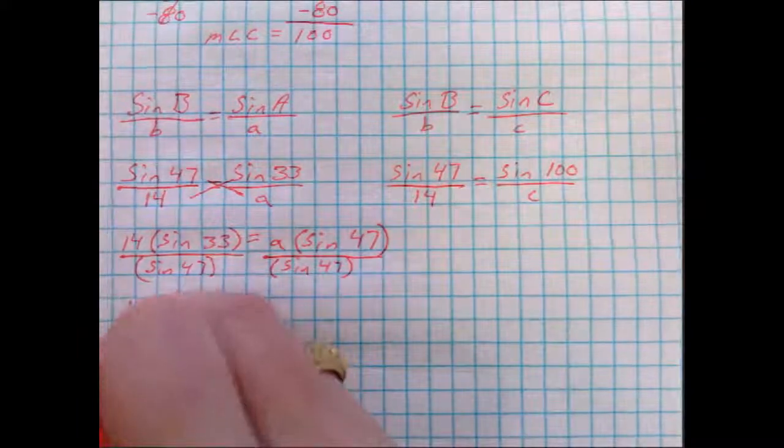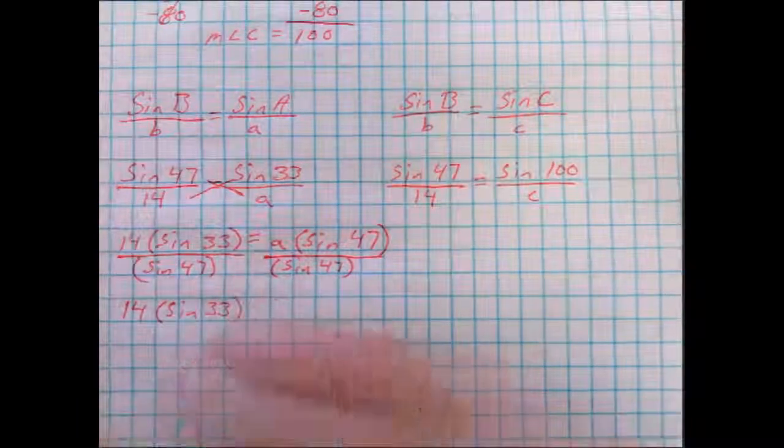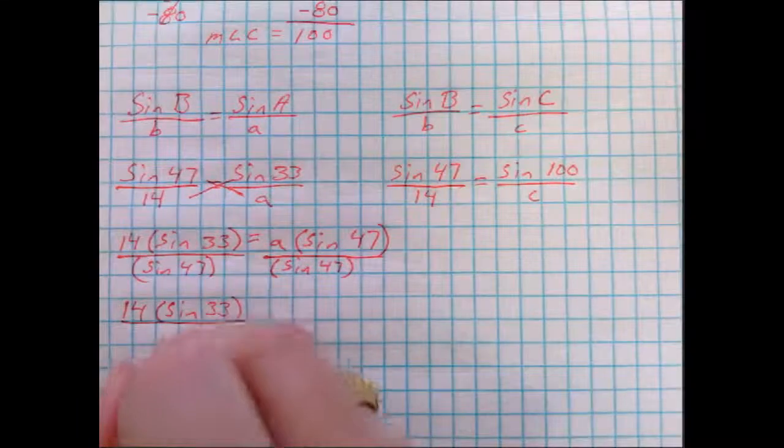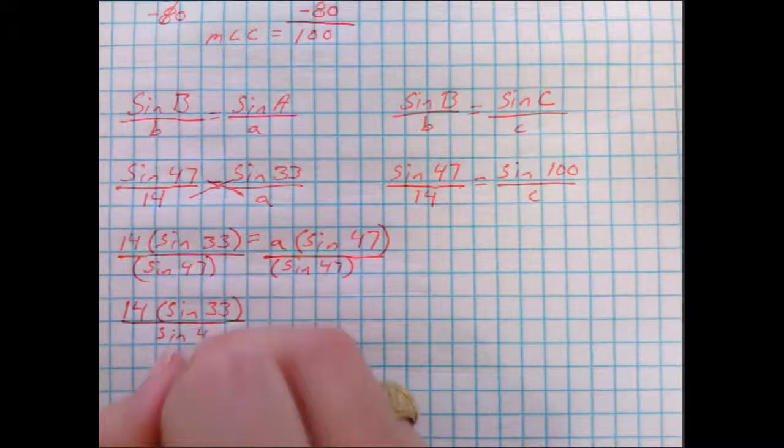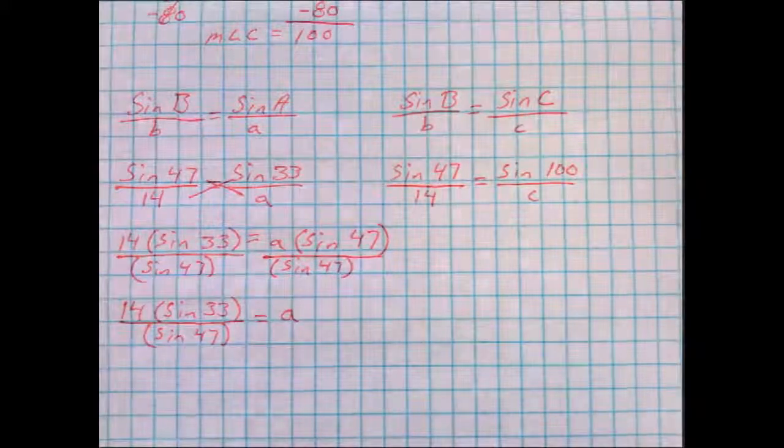Okay, so I'm left with 14 sine of 33 divided by sine of 47 equals a.